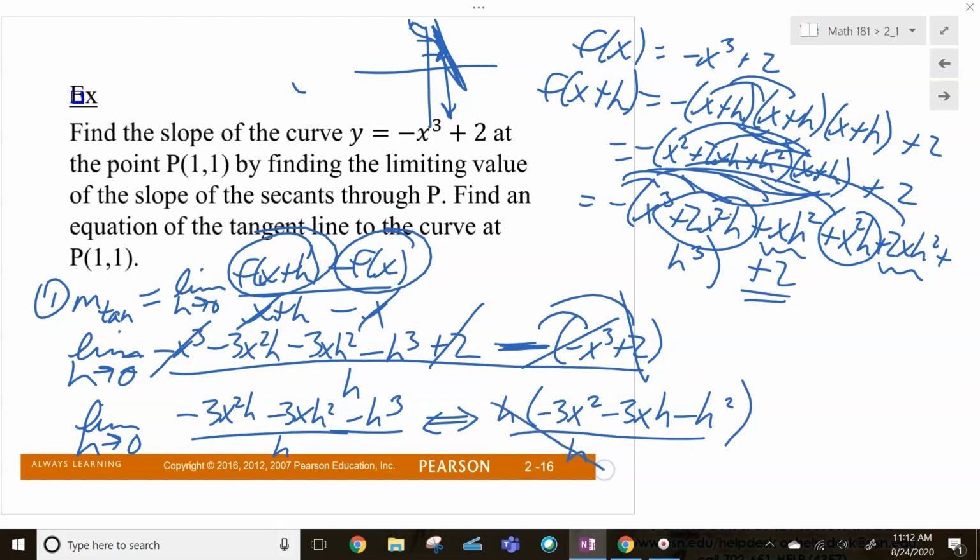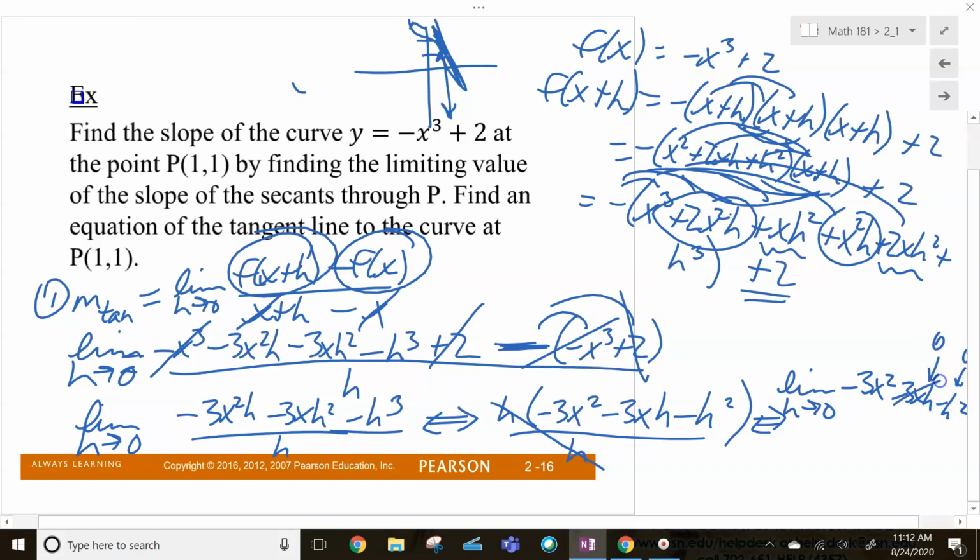So now my h's cancel, and now I can finally let h be 0. I got negative 3x squared minus 3xh minus h squared. So when h is 0, those terms are going to be gone, and I'm just left with my slope being negative 3x squared.